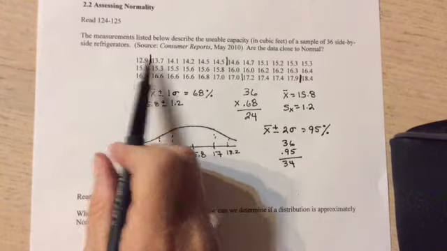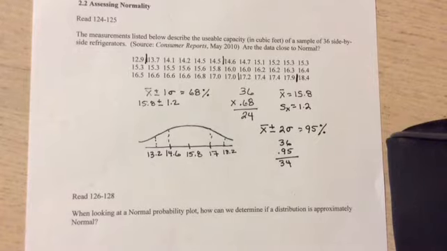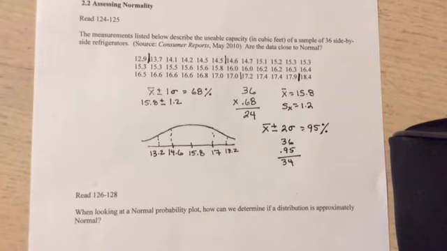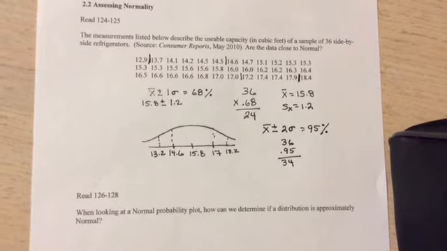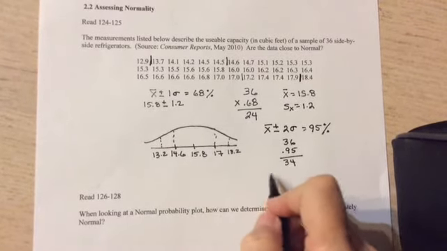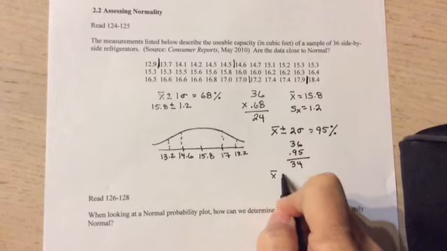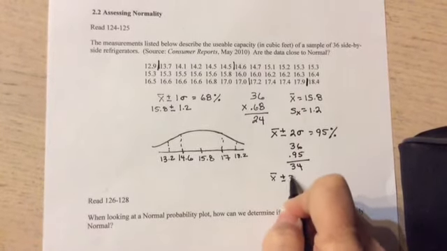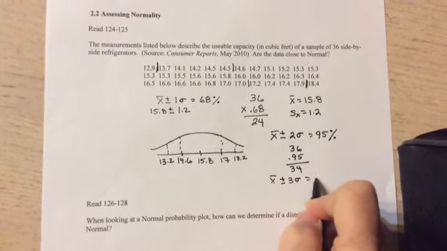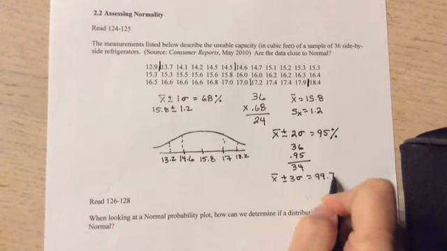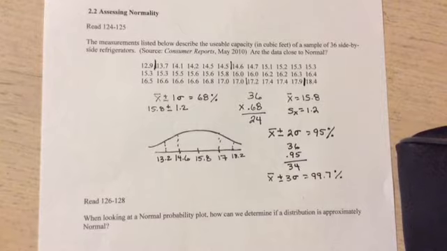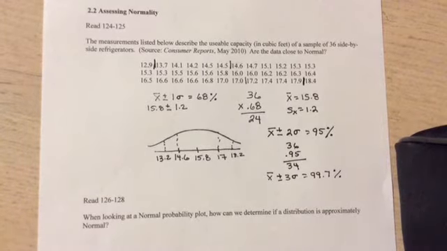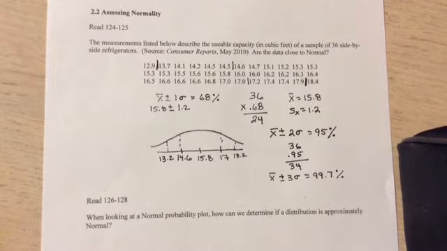And then the remaining 2 pieces of data take it up to our 99.7%. So if we had a lot more data, then we could check for 3 standard deviations, and that would have to be at least 99.7%. In this case, it's going to be 100%, which is good enough.